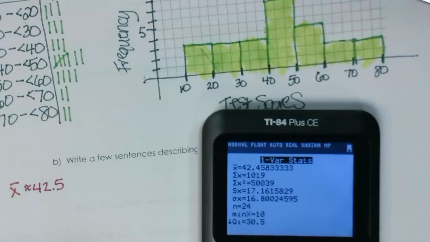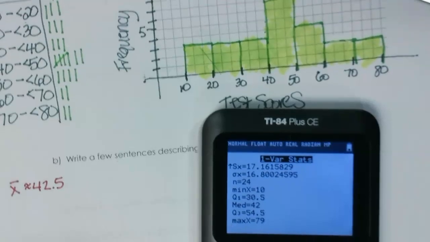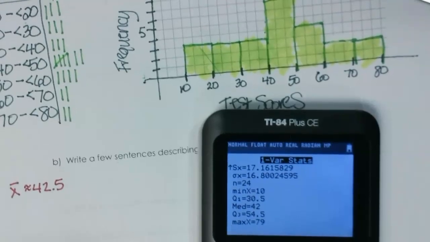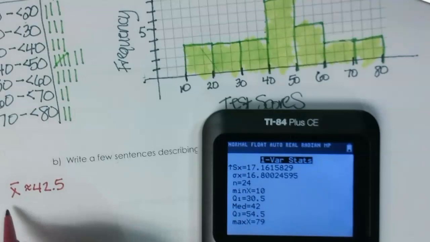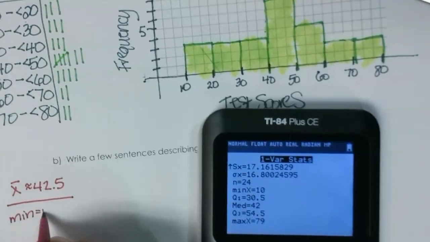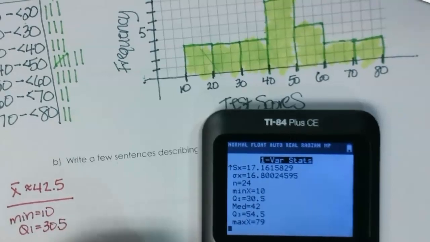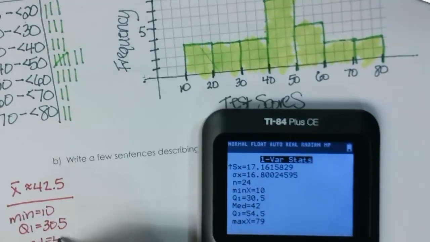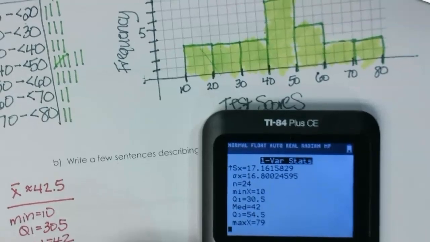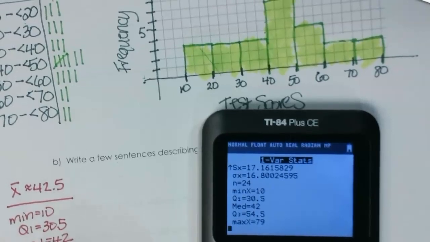We can also arrow down for that 5-number summary. Maybe you want to write the whole 5-number summary down: our minimum is 10, Q1 is 30.5, our median is 42, Q3 is 54.5, and our max is 79.